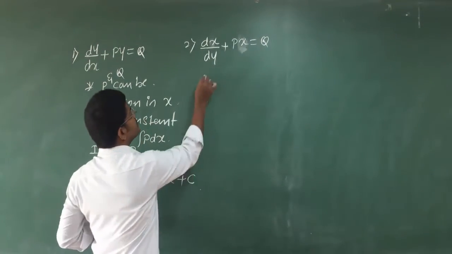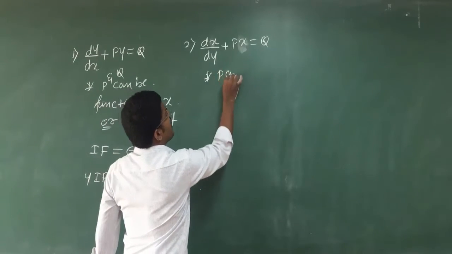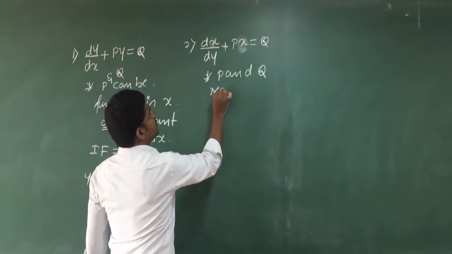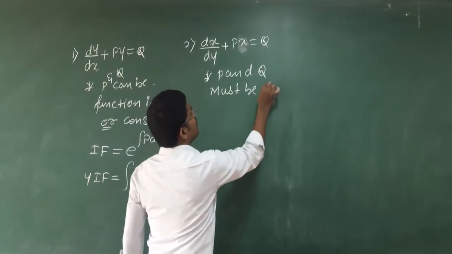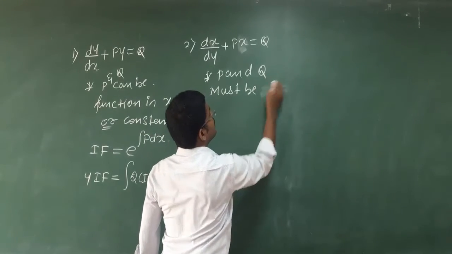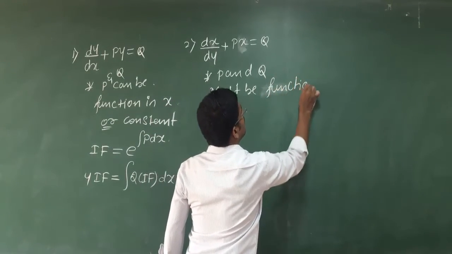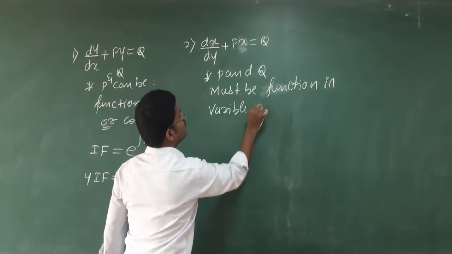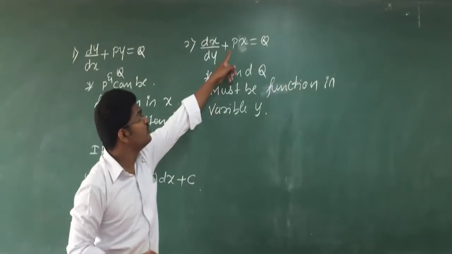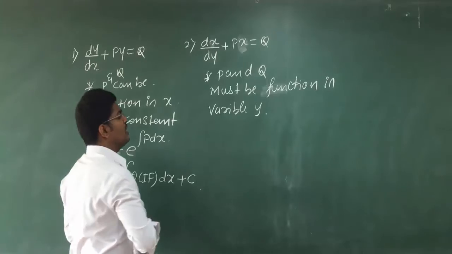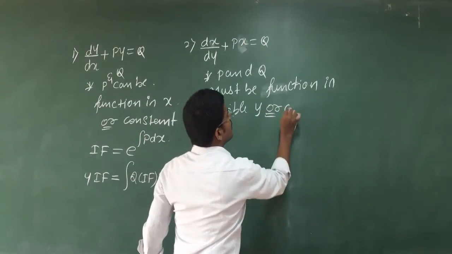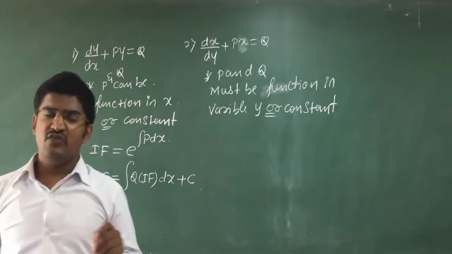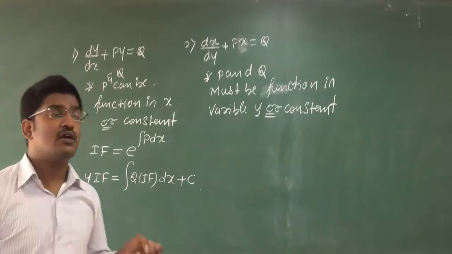Next, coming to this form, here p and q must be functions in the variable y, or constant. It can be a function in variable y or it can be constant.